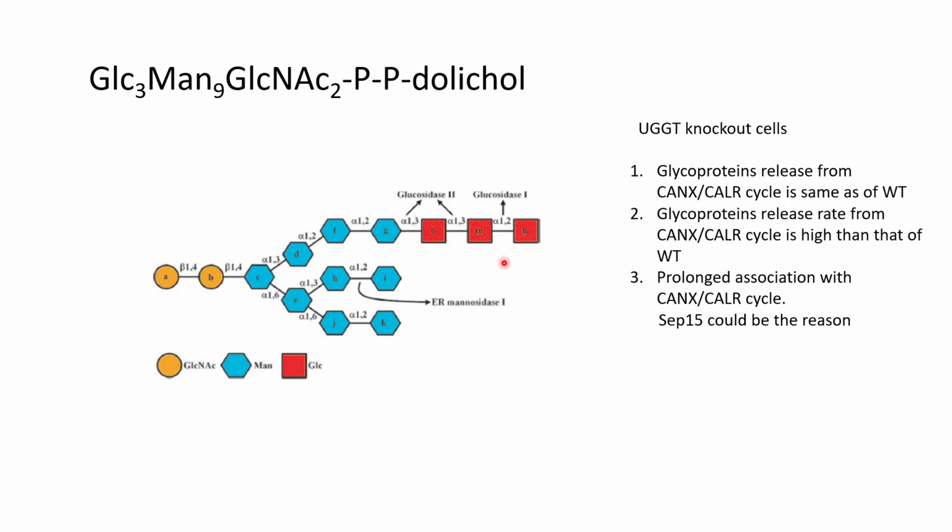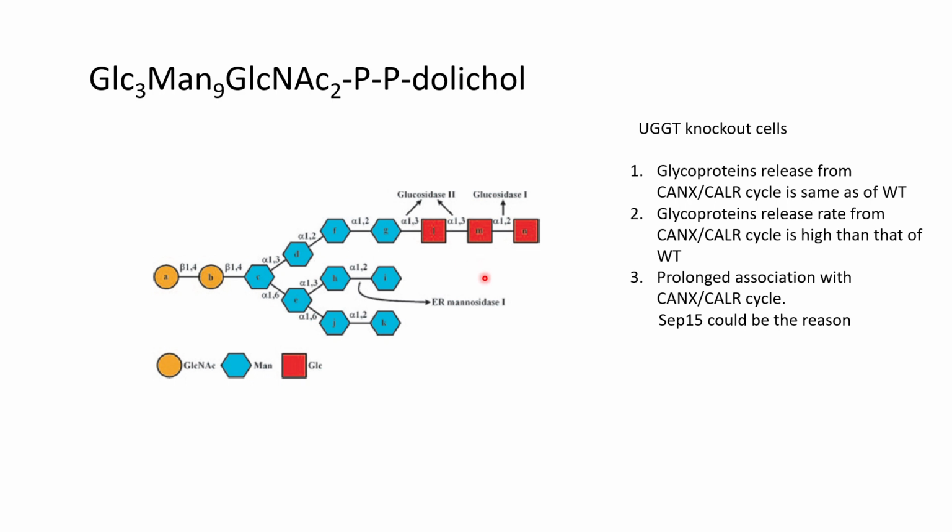Glucosidase 2 will function afterwards, when glucosidase 1 has trimmed off the first glucose, so that it can now be recognized by calnexin and calreticulin for their function.